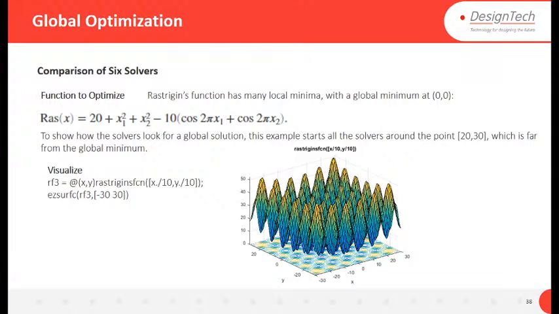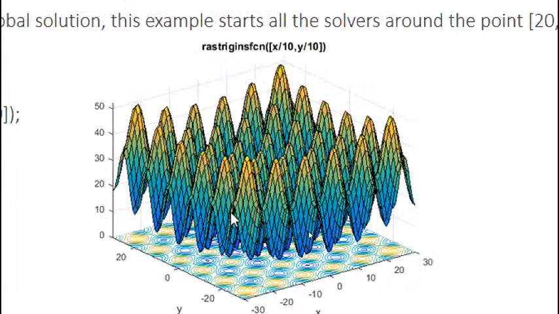So this is the function which you are going to optimize. Okay, after that we will end this session. We have 6 solvers which we are going to compare. We will use particle swarm, genetic algorithms, and some other algorithms also. This is the Rastrigin equation. In this figure you see multiple maxima and minima.